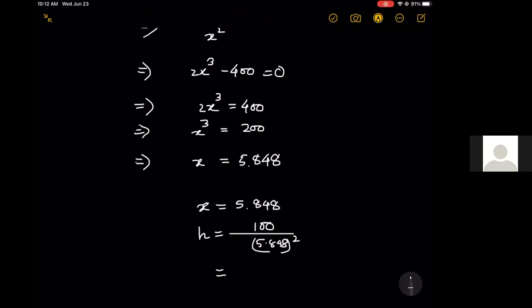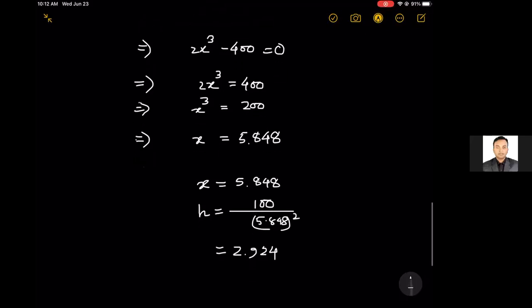I got 2.924. Okay, I can trust you. So 2.924, you said? Yeah. Okay. So we can just verify whether it's the right answer or not.